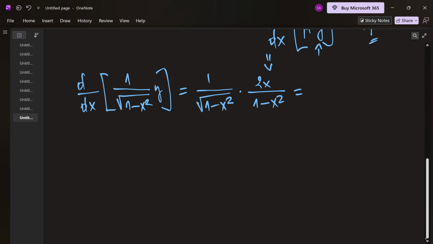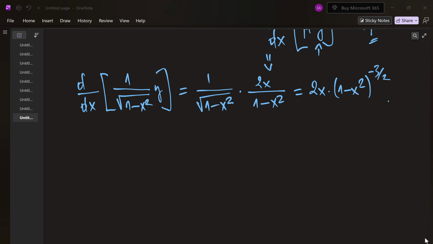This is actually 2x times 1 minus x squared to the power, so you add this together, minus 3 over 2. Okay? Now you take the integral.